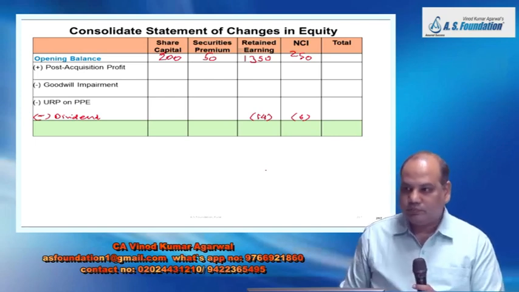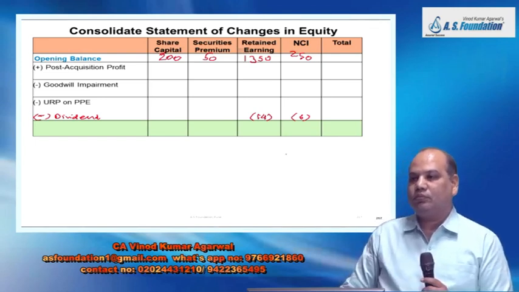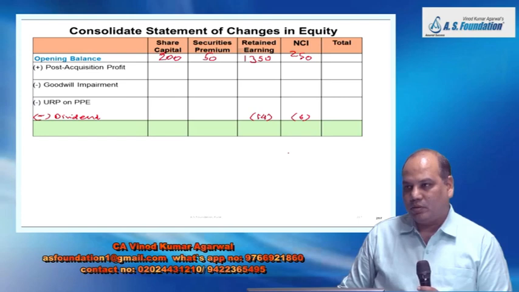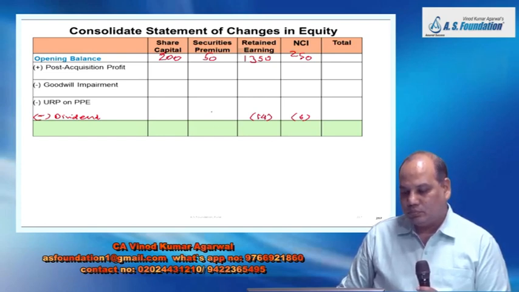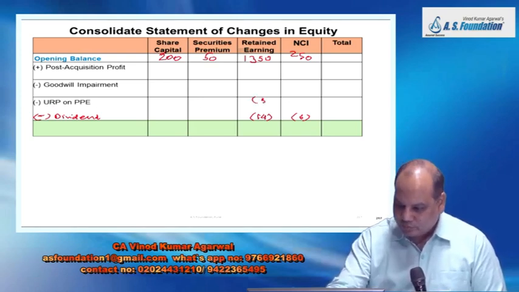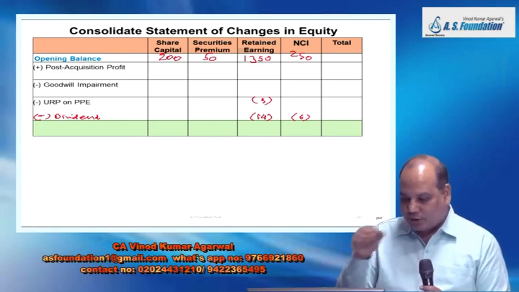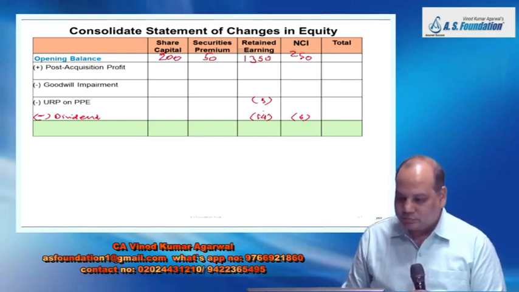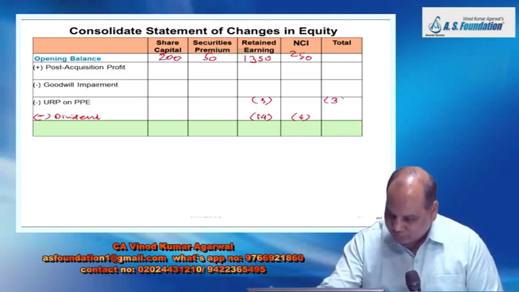Okay, first we will see. Here give unrealized profit on PP 3, because we'll not take figures from there, we'll take figure of 3 years. 3.